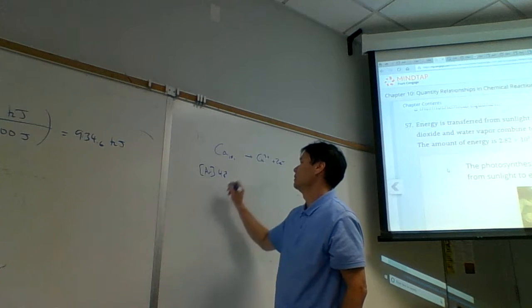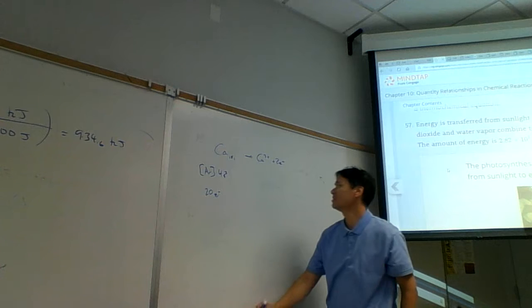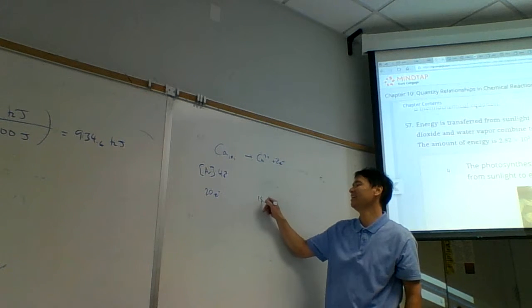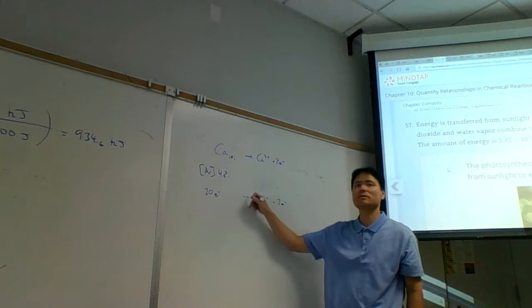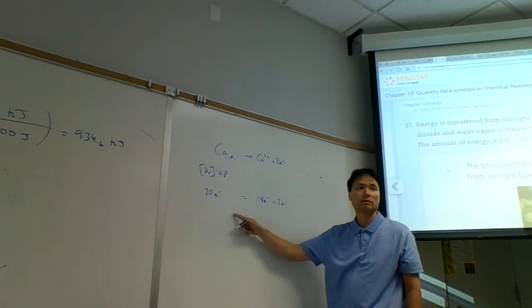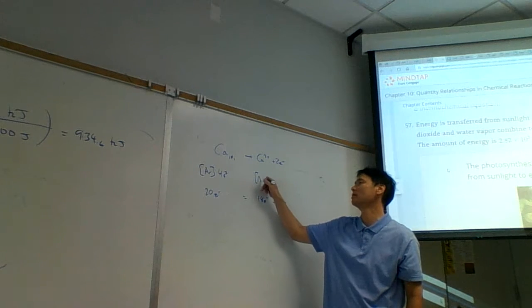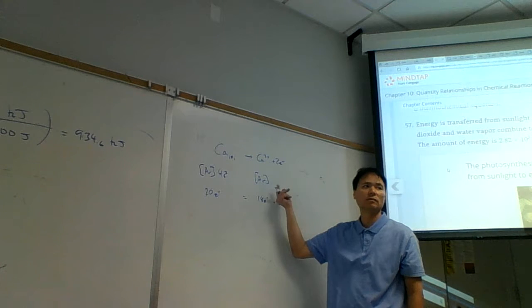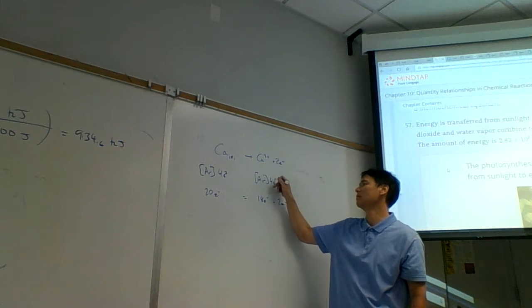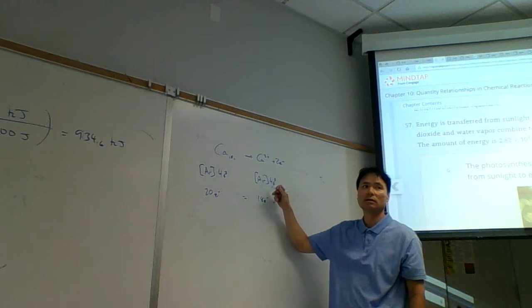4S2. So this is 20 electrons. Now calcium 2 plus must have 18 electrons, because 18 electrons plus 2 electrons is going to give me 20 electrons. So what is calcium 2 plus's electron configuration? It's got to be argon, because we must have lost these 2. So it's got to be 4s0, because there's no more 4s electrons in there.